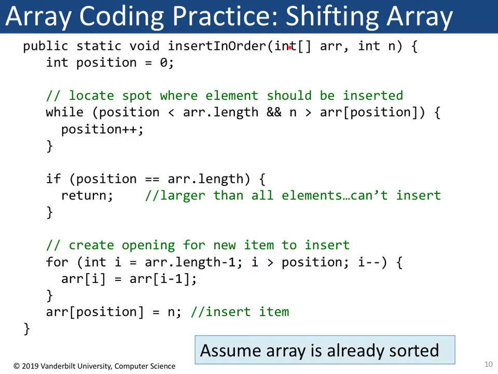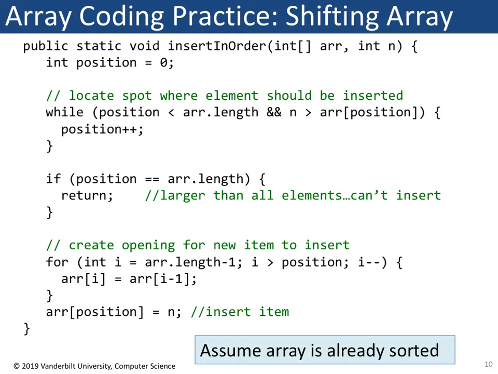We have parameters ARR, which is our integer array, and then we have the value that we want to insert into this integer array. Now, keep in mind we're assuming the ARR is already sorted. We initialize a position pointer, and we're going to use that pointer to figure out where in our array we should insert the value.